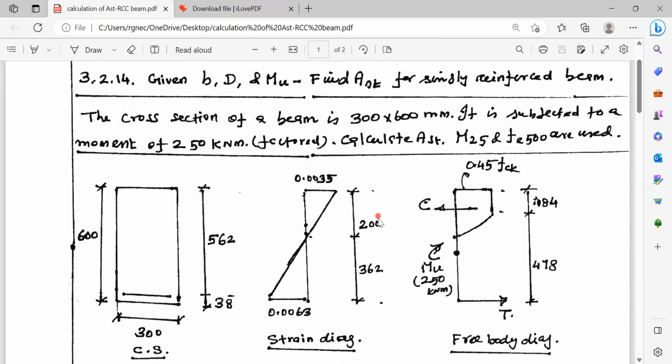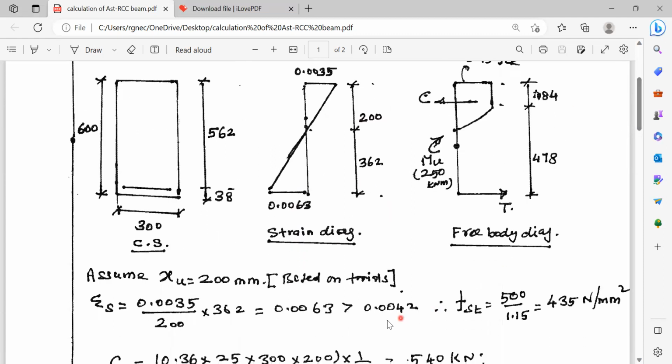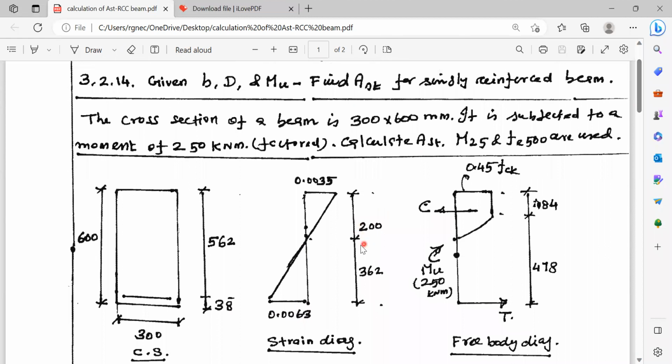We are very much within the limit because this strain value is higher than the minimum specified strain. If the neutral axis is on the higher side, the strain value will be less than 0.0042 and it is not allowed. You cannot assume beyond a certain limit.